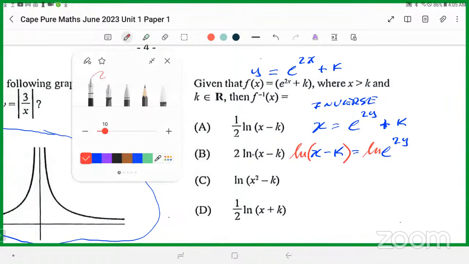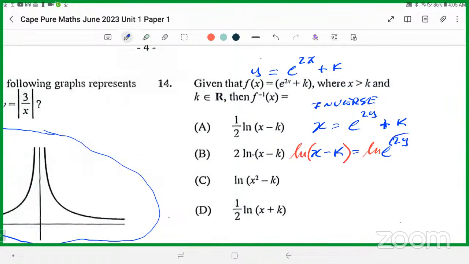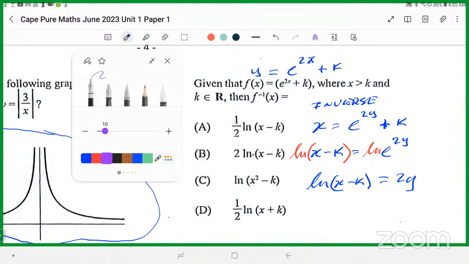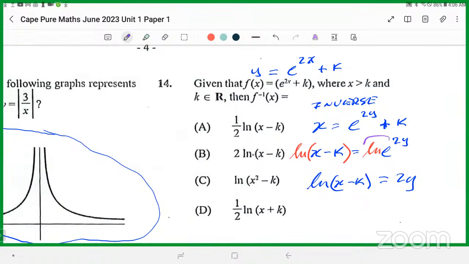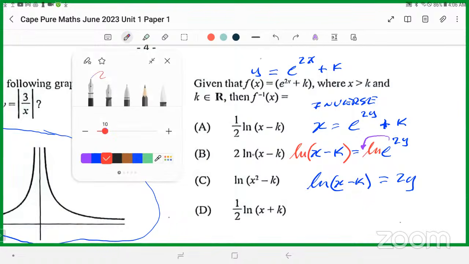And then after taking ln, this 2y comes to the front. You end up getting ln of x minus k equals 2y. The 2y comes to the front here. And then ln e is 1. Let me write it in the bracket. ln e is 1.